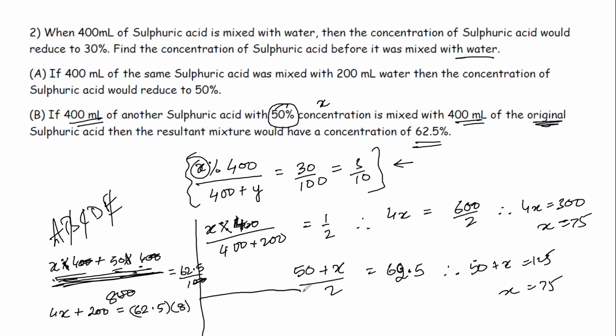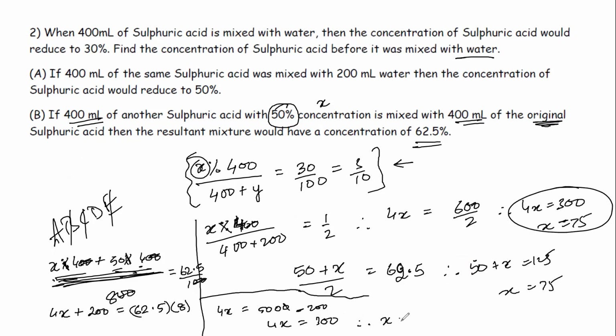So I'll just continue out here. So 4x is equal to 8 5s are 40, 8 2s are 16 and 4 is 20, 8 6s are 48 and 2 is 50. So 1 zero drops because of the point. So minus 200. So we get the same thing. 4x is equal to 300 out here, and we get x is equal to 75.